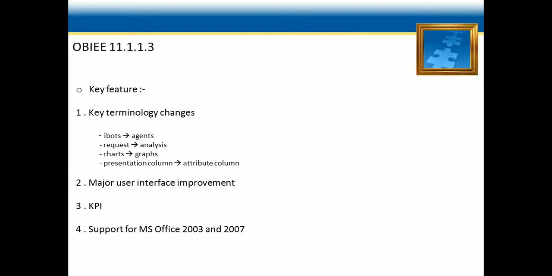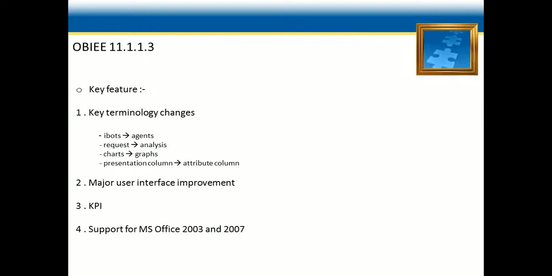So further, I'll be explaining the specific versions of OBI. After the launch of 11g, 11.1.1.3 was there. At that time we had key features like iBots now being called agents, and requests now being called analysis. Now we call it analysis, before we called it request.